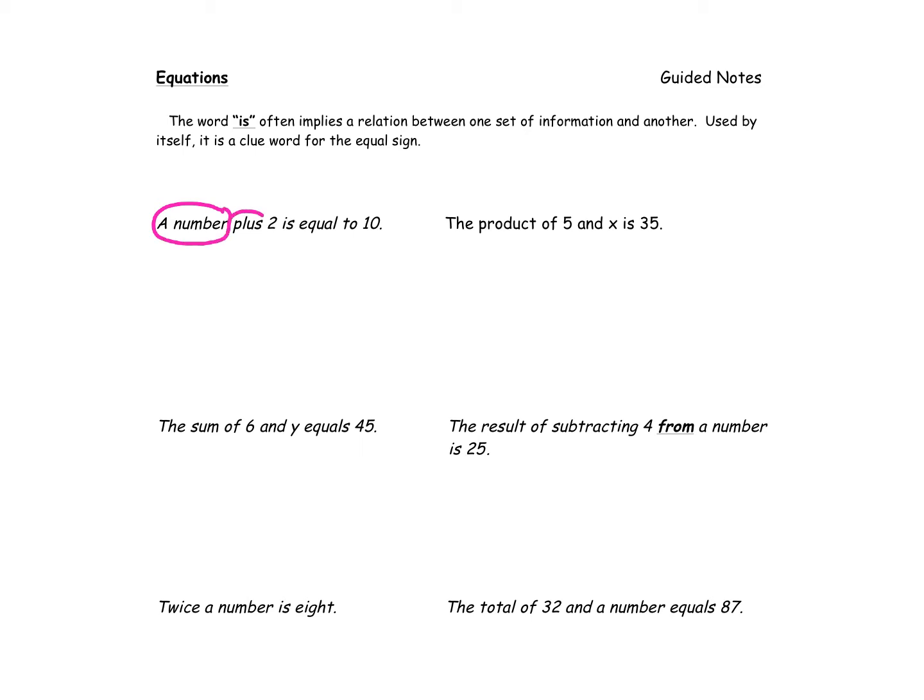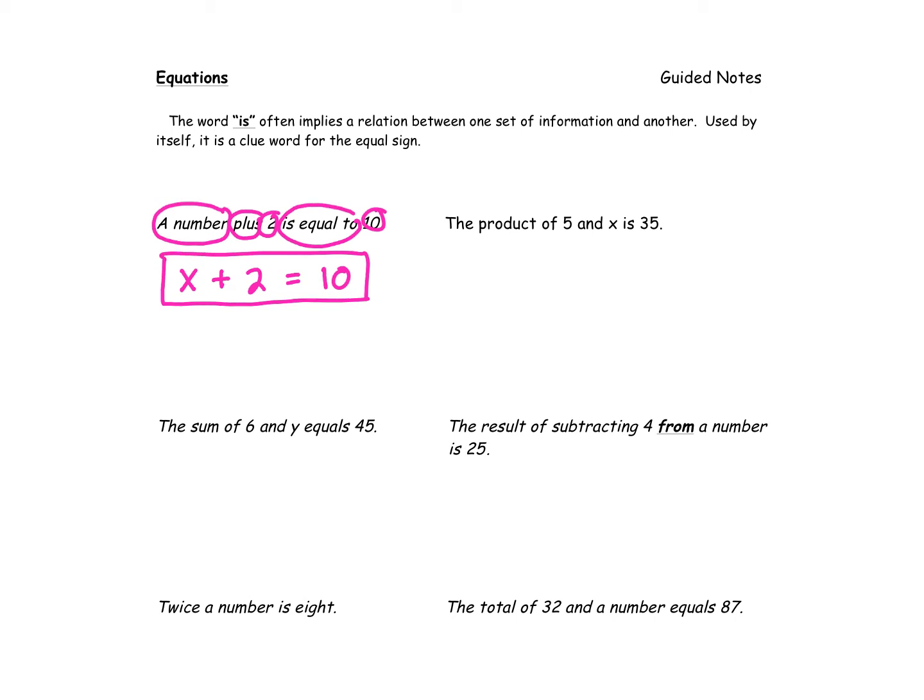We see the word plus and 2, and then is equal to 10. So this one's pretty straightforward. We're going to use our variable x. We're going to plus 2, add 2, and is equal to is the equal sign, and then we have 10. So we just wrote an equation that was given in words and translated it into math.